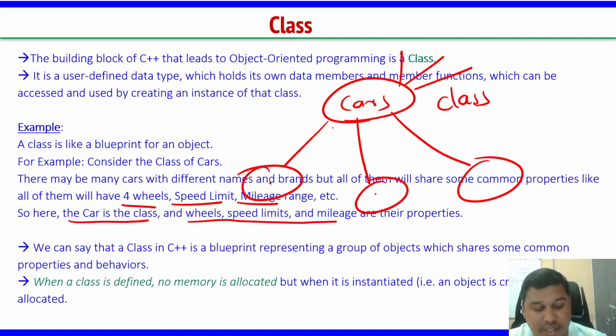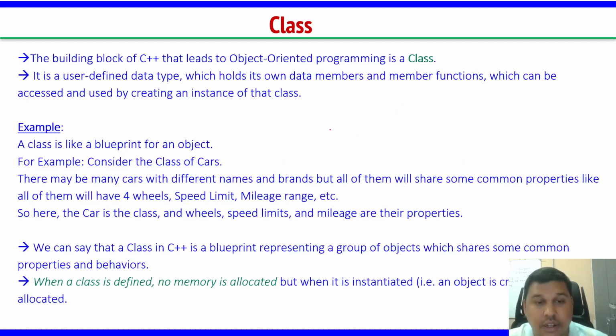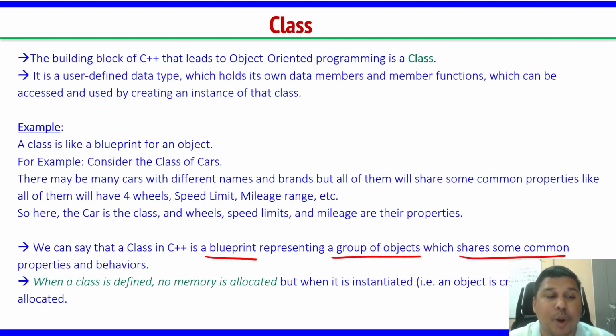Car is a class, and under that class we have multiple different types, but all of them share common properties. That's why we can say that a class in C++ is a blueprint representing a group of objects which share common properties and behaviors.